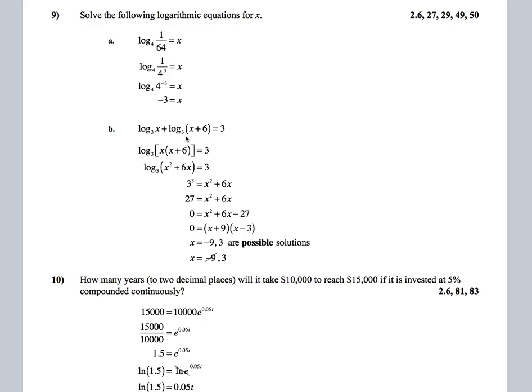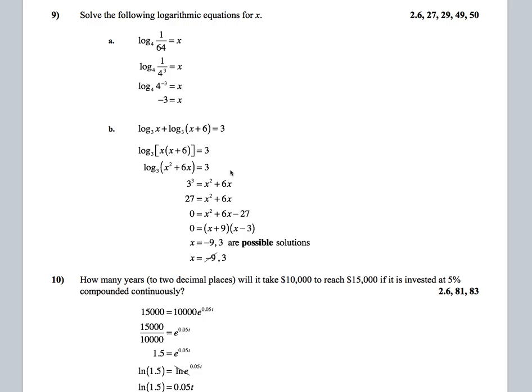But we have the product property, so we're going to multiply the x times the x plus 6 to write this as a single logarithm. And so this is log base 3 of x times the quantity x plus 6. And simplifying that product, we have x times x is x squared, x times 6 is 6x. So we have log base 3 of this expression is equal to 3.